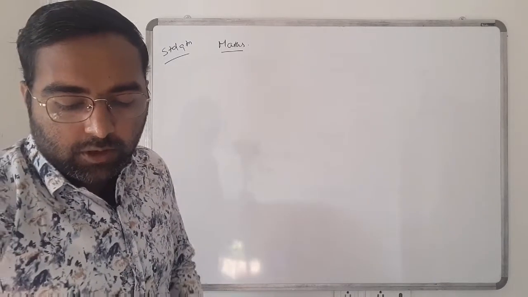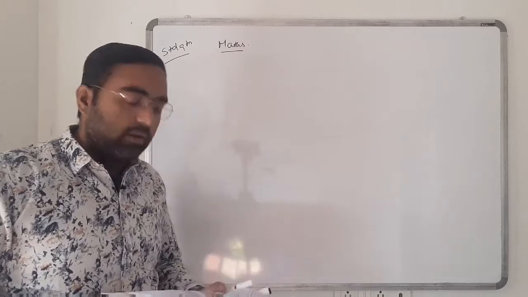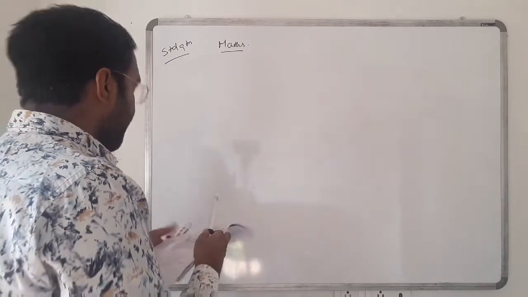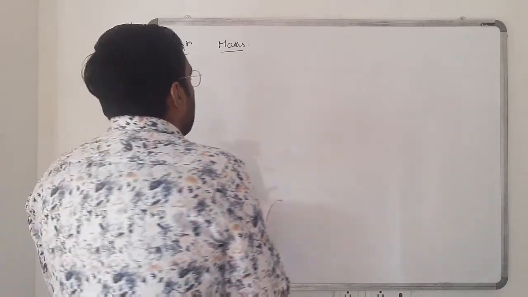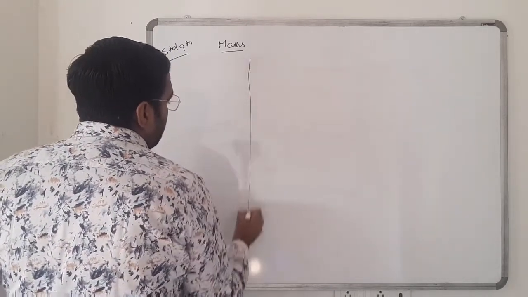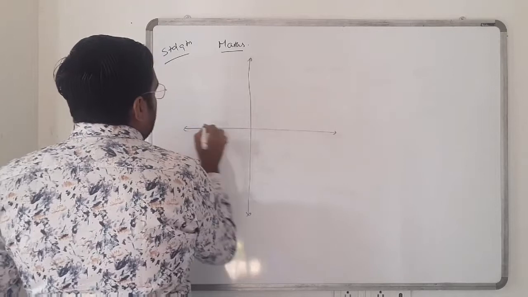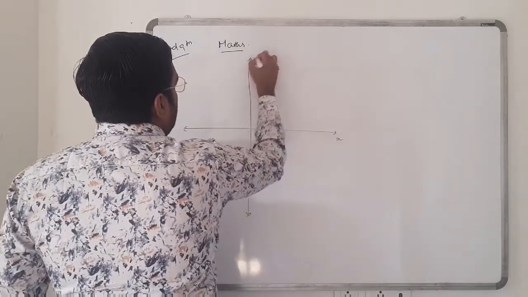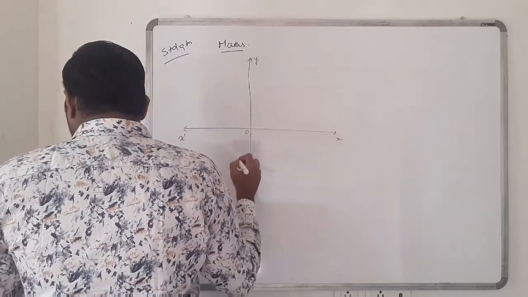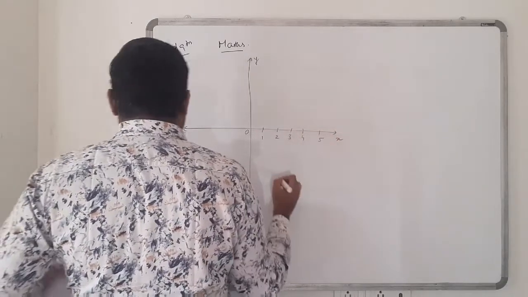So now we move to question number 7. Look at the following figures and answer the questions given below. Here the graph is given below. So first of all, I'll draw the graph. X, y, x prime, y prime. 1, 2, 3, 4, 5.